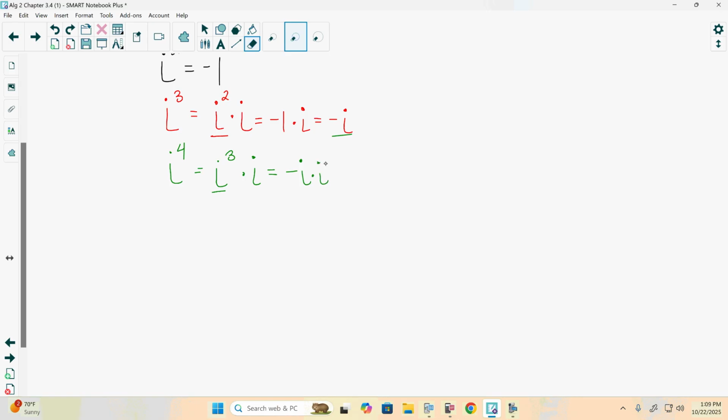So we replace i to the 3rd with negative i, telling us that we have negative i times i, which is going to be negative i squared. And i squared we've already found. i squared is just negative 1, telling us that we have negative negative 1, which is just 1. Which means i to the 4th is positive 1.